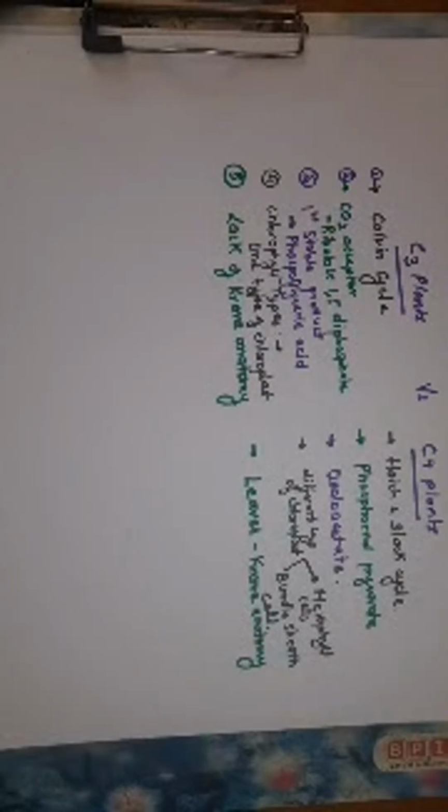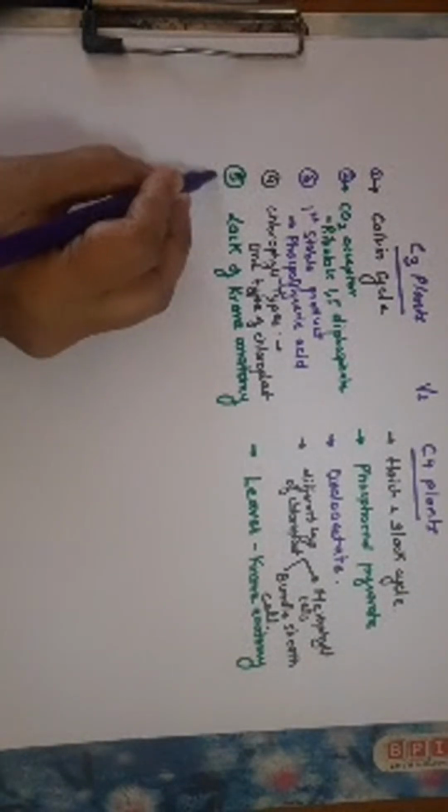Now the sixth difference, this is a very important lecture, so just listen carefully. I try to take so many differences between C3 and C4 plants. The difference is in terms of the reductive pentose phosphate cycle.